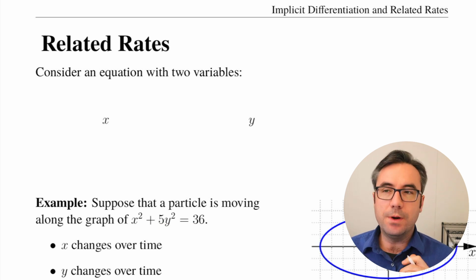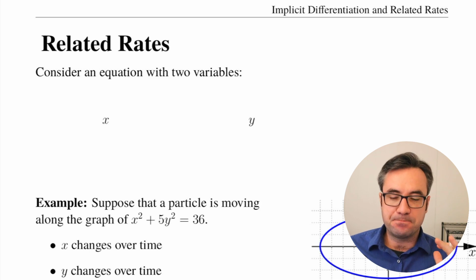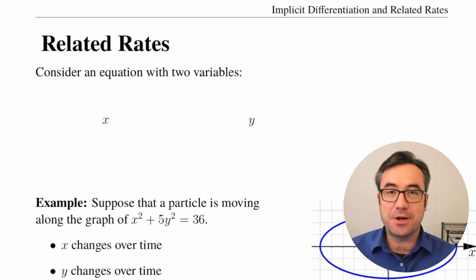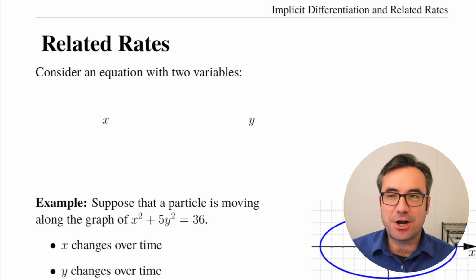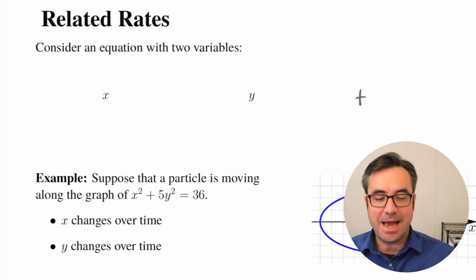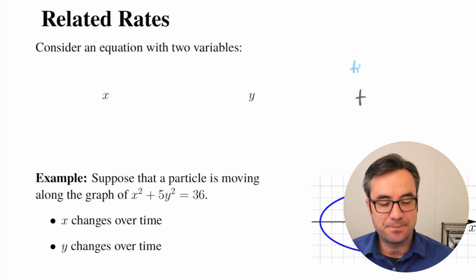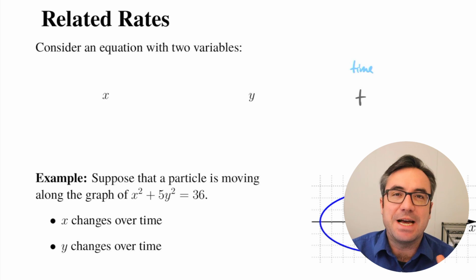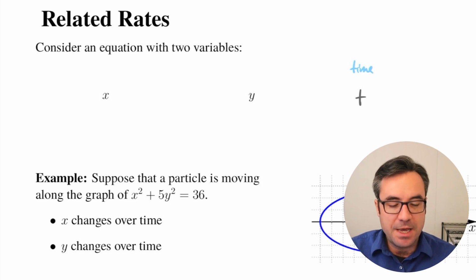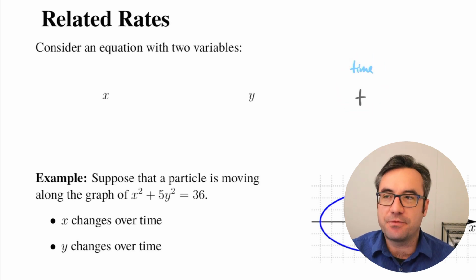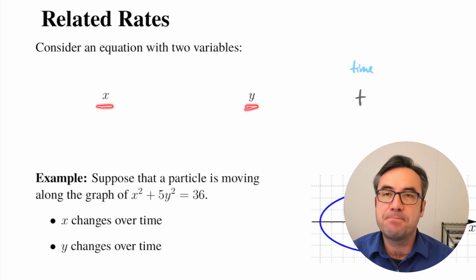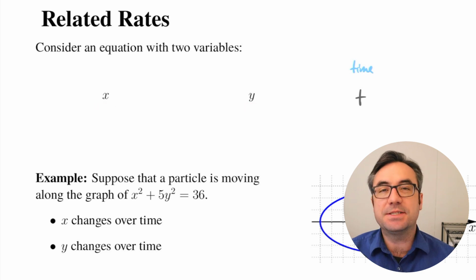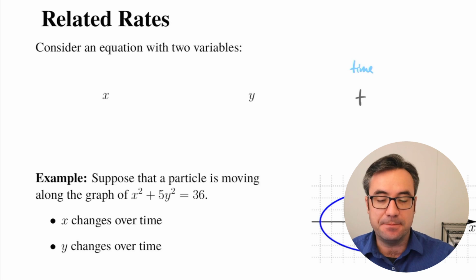What we're going to do is introduce a third variable, and we're going to call that variable t. This is really going to stand for time. So we're going to treat these other variables, x and y, as implicitly defined functions of t.